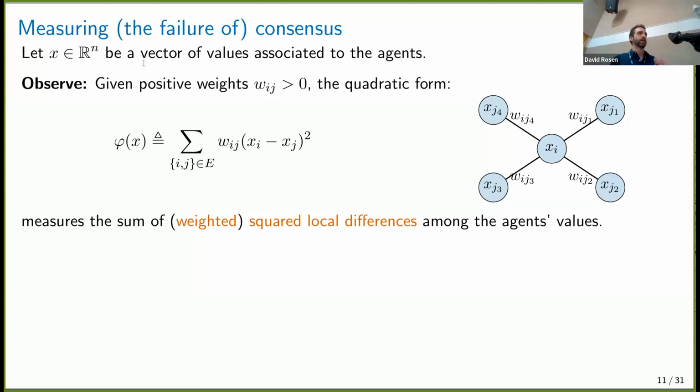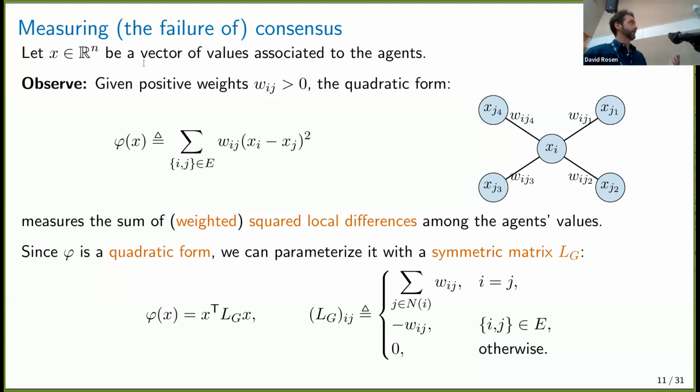And what I get from this is a potential function, phi, that is constructed in that way. Essentially, it calculates the sum of squared disagreements between a node and all of its neighbors in this communications graph. So I can think of this as a measure of how much disagreement there is in my overall network.